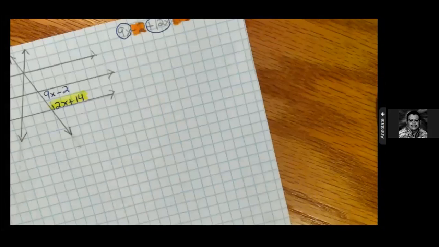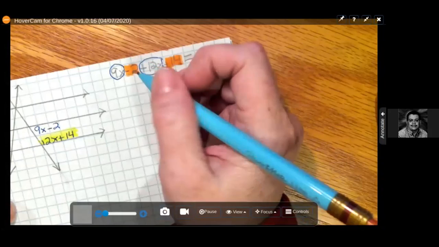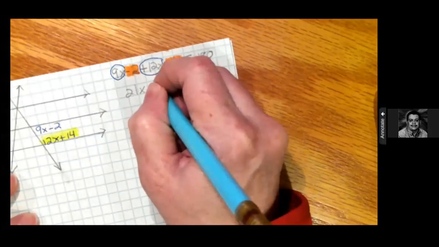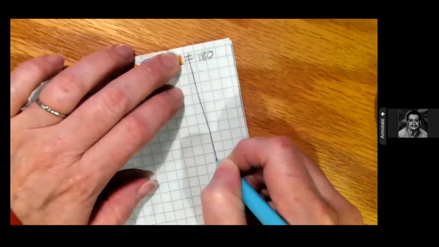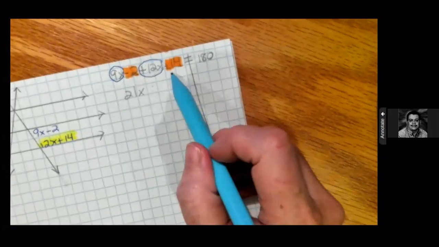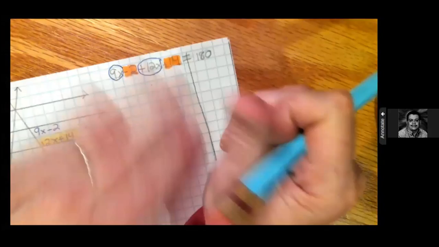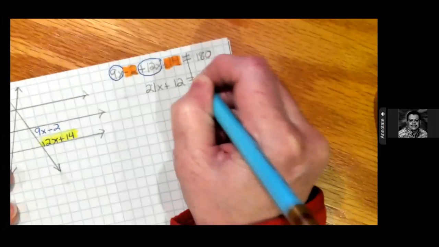So we have 9x and 12x, which is going to give us 21x. And then what is, and this is as far as I'll go because I'll get you guys to the point where it's easy. Okay, what is 14 minus 2? 12. Right. So 21x plus 12 equals 180.